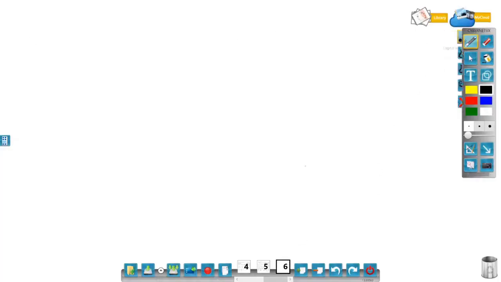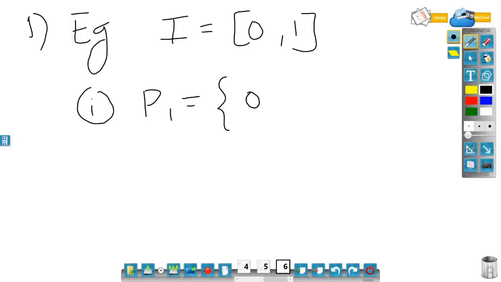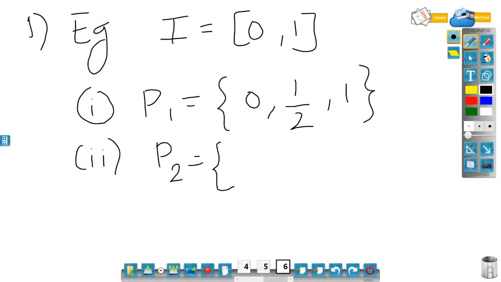So the first one, let me take P1 equal to {0, 1/2, 1}. Second, P2 is equal to {1/3, 1/2, 1}.